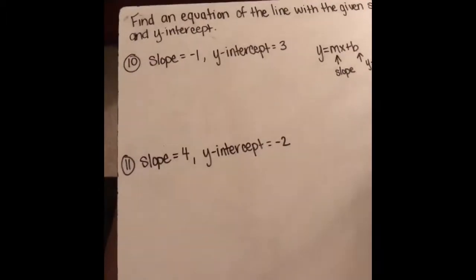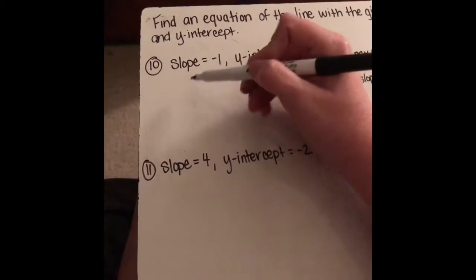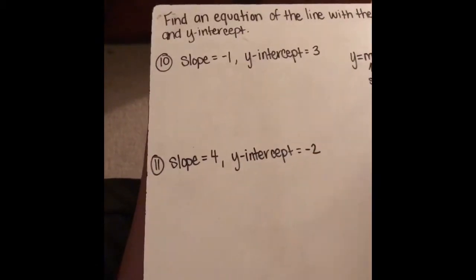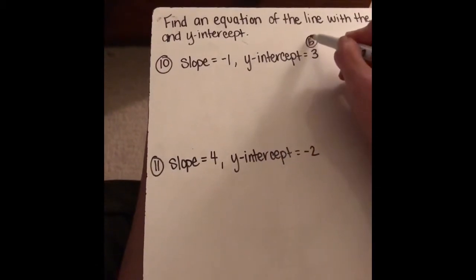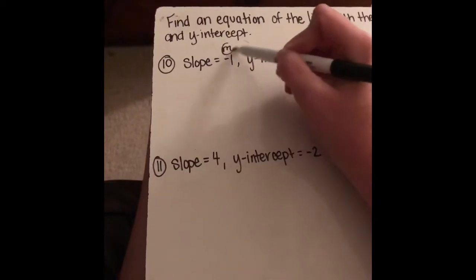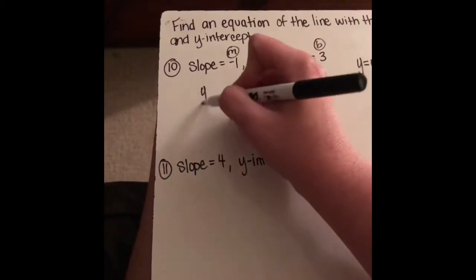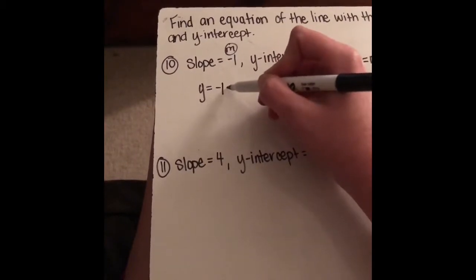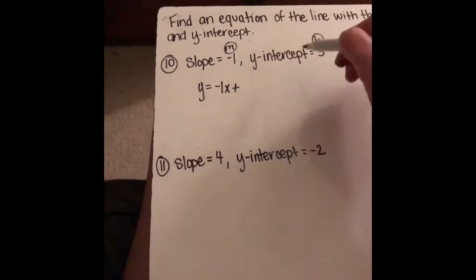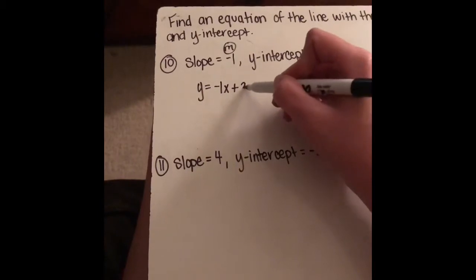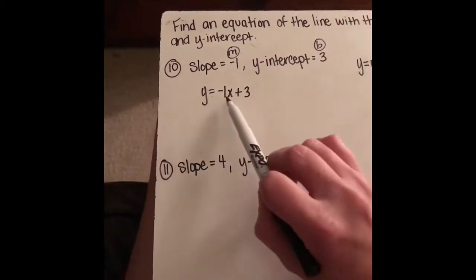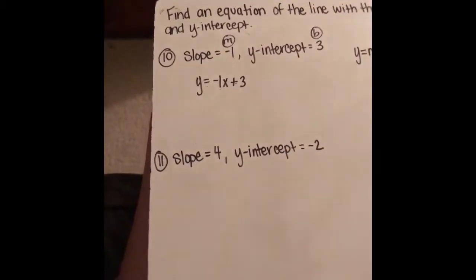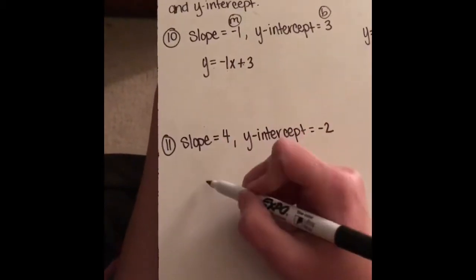Okay, so here this is going to be your b and this is going to be your m. So it would be y equals -1x plus 3. So y equals mx plus b. Okay, same with this one.